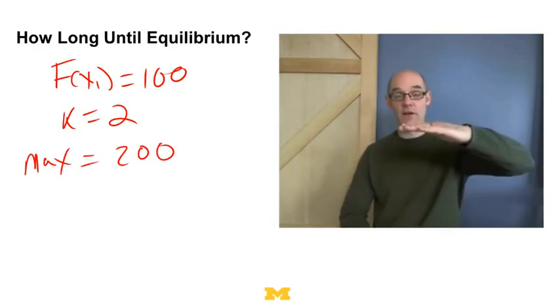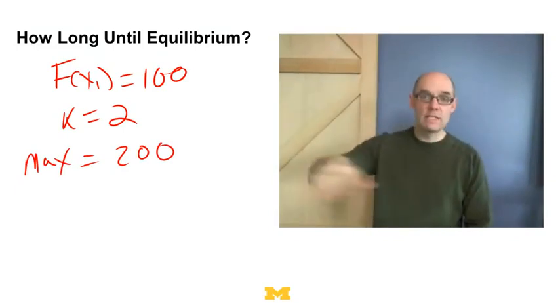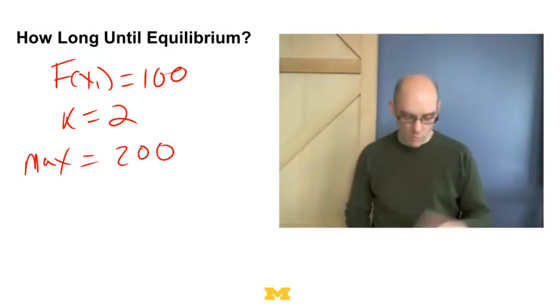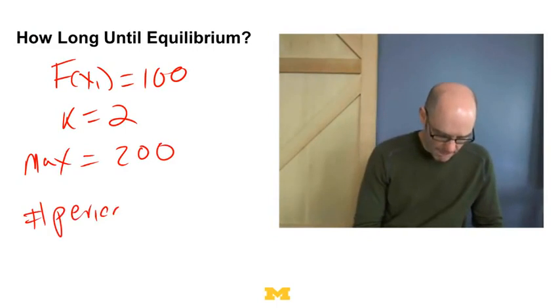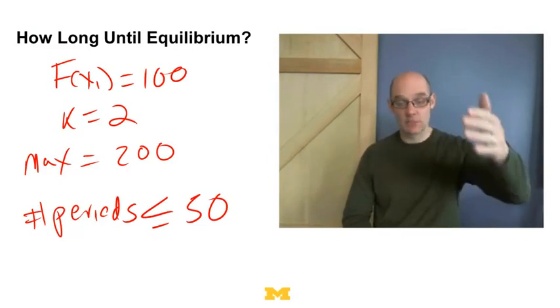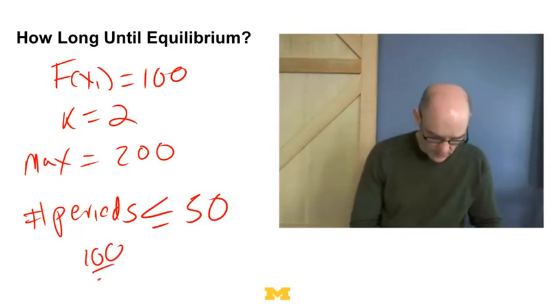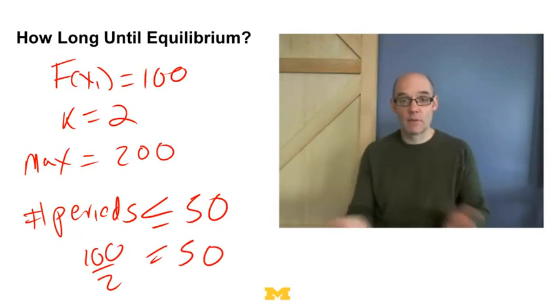So starting out at 100, the highest it can go is 200, and it's got to go up at least 2 each period. Well, what we can say is that the number of periods has to be less than 50, because it's got to go up at least 2, and the most it can go up is 100, and 100 divided by 2 equals 50. So the maximum number of periods is 50.